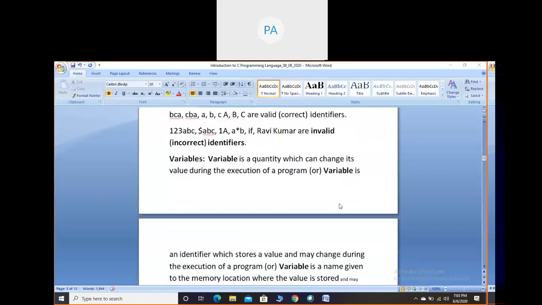One more definition: a variable is an identifier which stores a value and may change during the execution of the program. In all the definitions this is common: it will change during the execution of a program. But there is some difference. In the second definition, variable is an identifier, so you should know the concept of identifier.